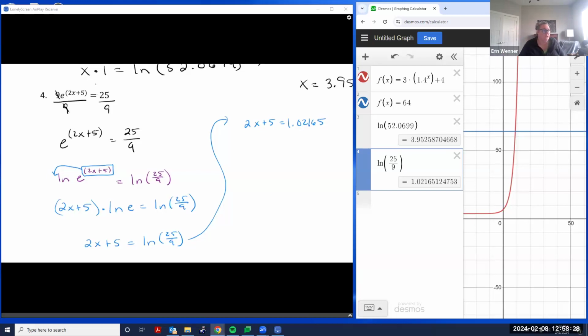And so from here, we're going to subtract 5. And then our last step will be to divide by 2.